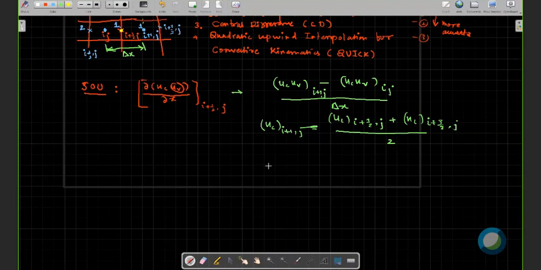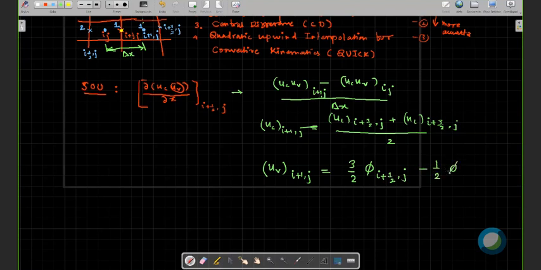So the u variable at I plus 1 comma j will be equal to the profile relation. The profile relation is like this: 3 by 2 phi at I plus half comma j minus 1 by 2 phi at ij.